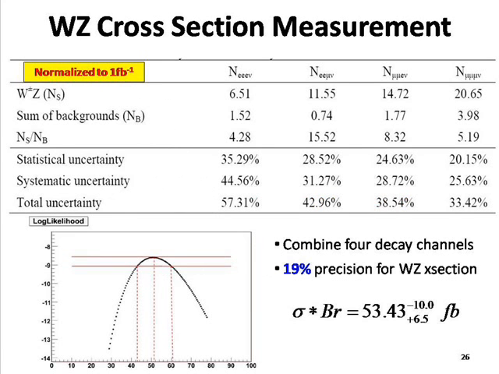Based on these statistical and systematic errors, we analyze all four channels and combine the uncertainties. Finally, we got 19% precision for the WZ cross-section measurement. If you still remember the D0 and Tevatron results, this result is much better.